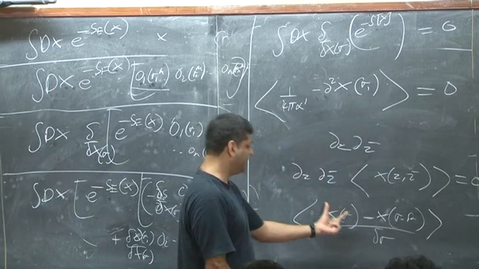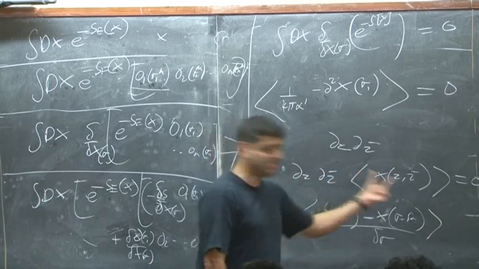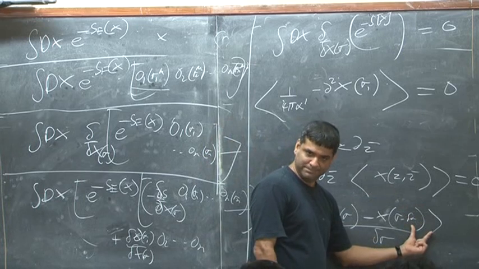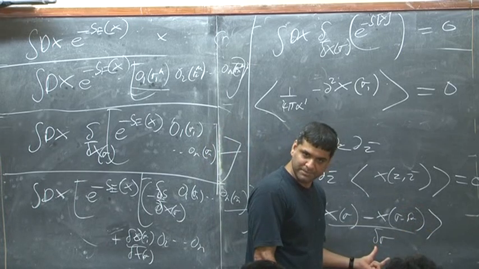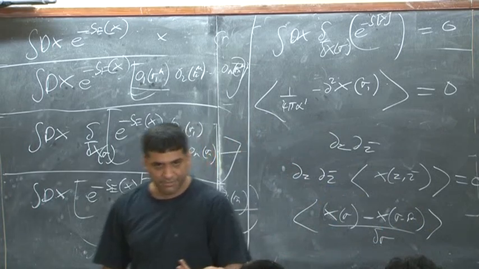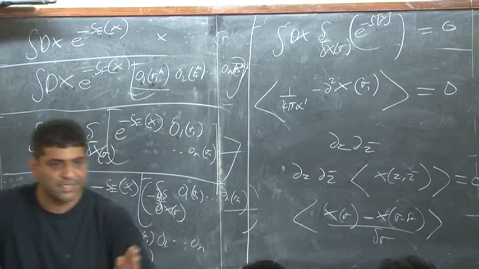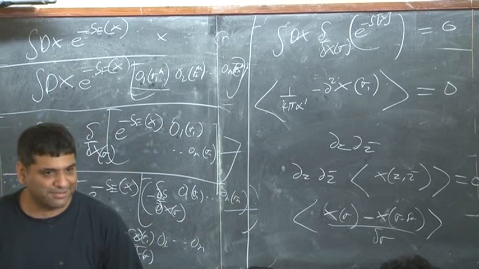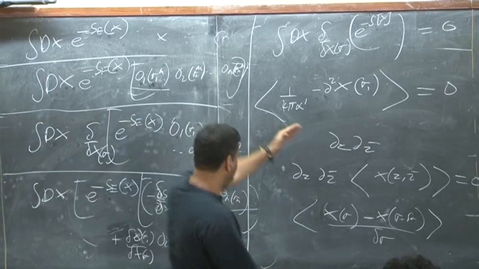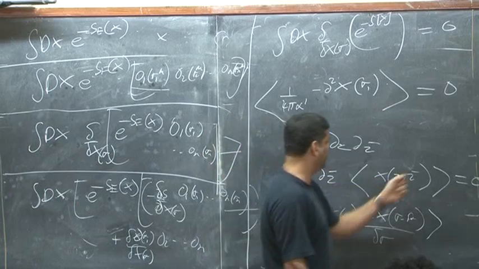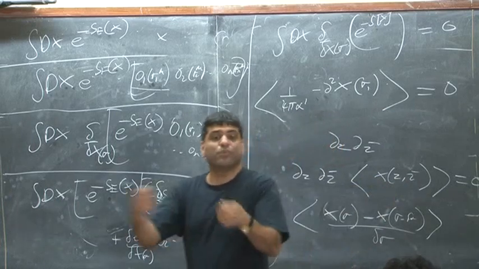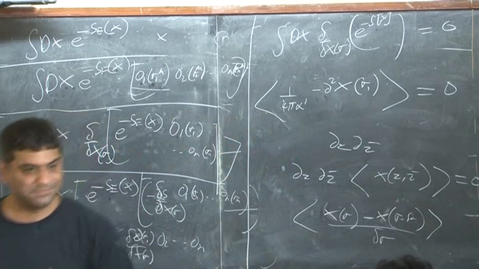That is the same thing as expectation value of x minus expectation value of x, divided by delta sigma, which is the same thing as the derivative of the expectation values. So there's no issue about taking derivatives outside path integrals. So del z bar of x of z bar is equal to 0. The one-point function obeys the equation of motion.